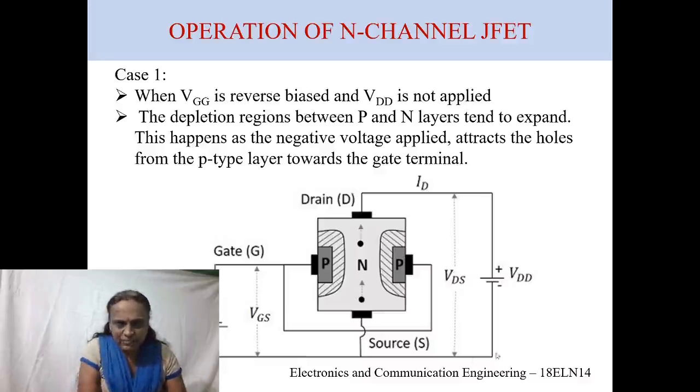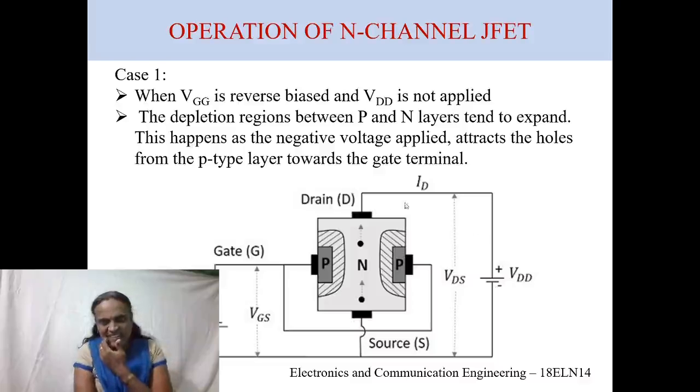In this diagram, we see that negative voltage is applied between the gate and the source, whereas positive voltage is applied between the drain and the source terminal.